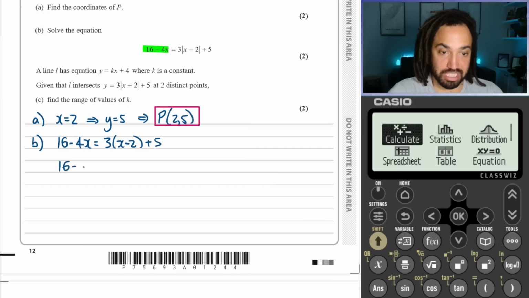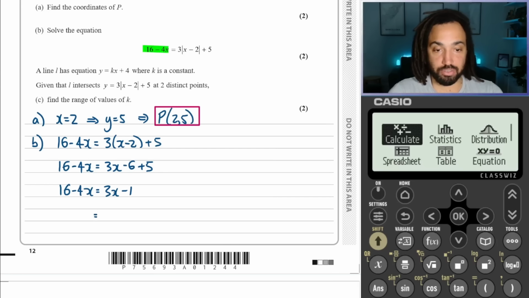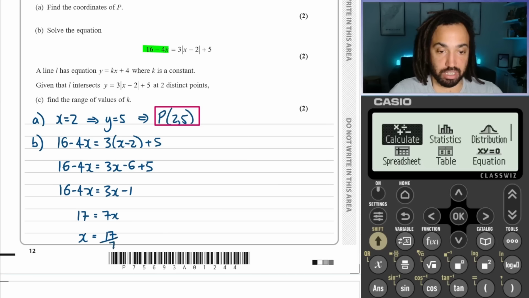So 16 minus 4x is equal to 3x minus 6 plus 5. 16 minus 4x is equal to 3x minus 1. Add the 4x to this side to get 7x. Add the 1 to that side to get 17. So x is equal to 17 over 7 for our final and only answer.